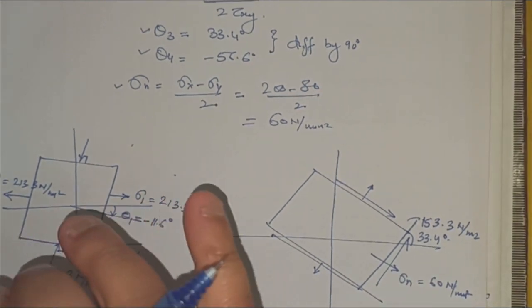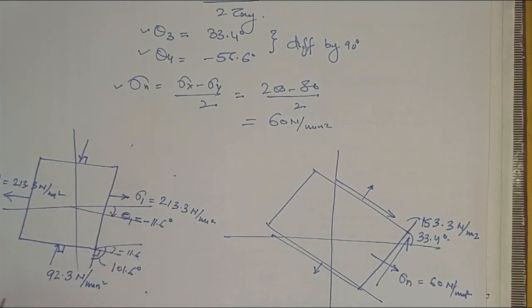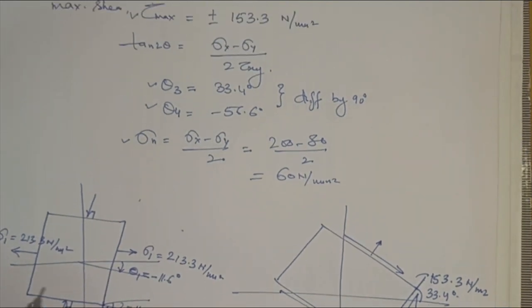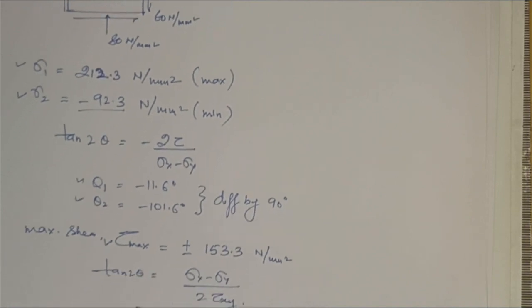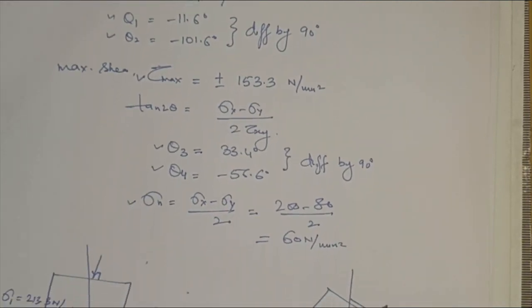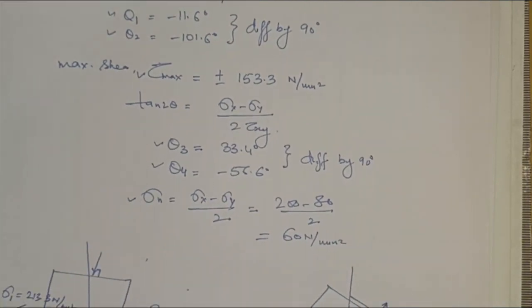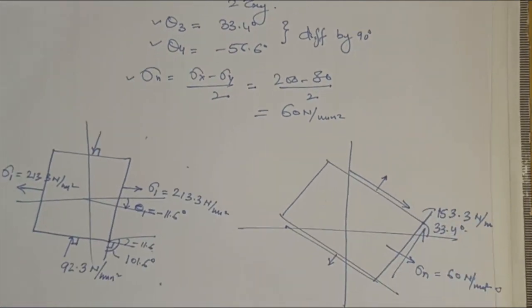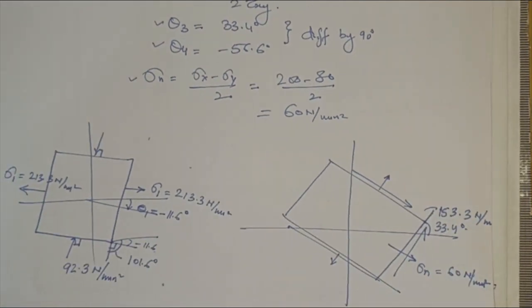So I hope you now have a good introduction to what principal stresses are, their importance from the designer's point of view, and this 2D method of obtaining the Mohr circle.